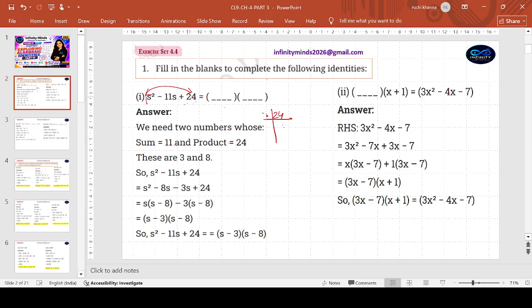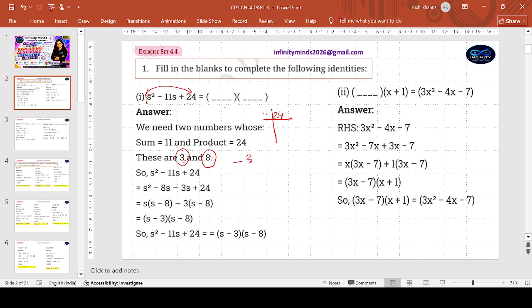Now here, I have to find two numbers such that if I add them, I get minus 11. So I can think of 8 and 3. The product of 8 and 3 is 24. And if you add 8 and 3, you get 11. Yes, but we have to adjust our pluses and minuses.